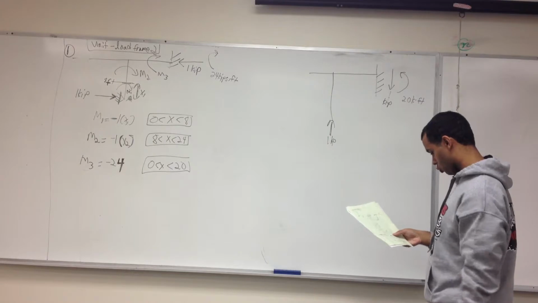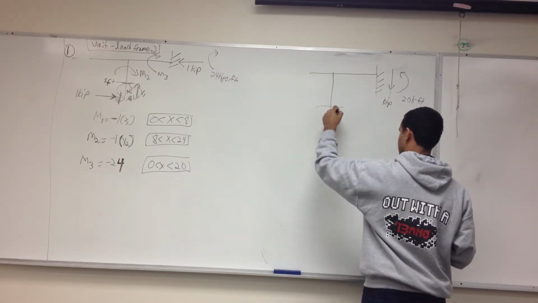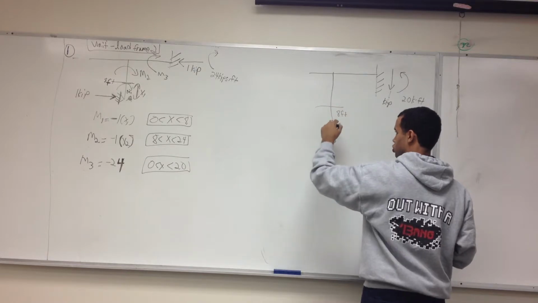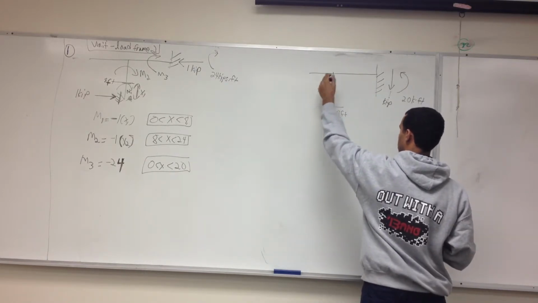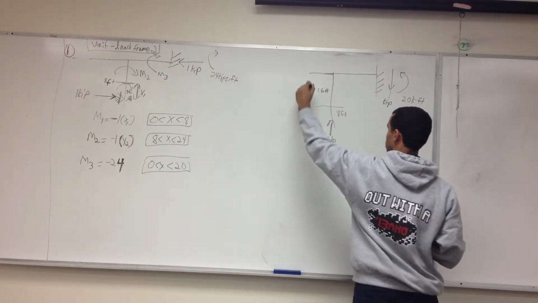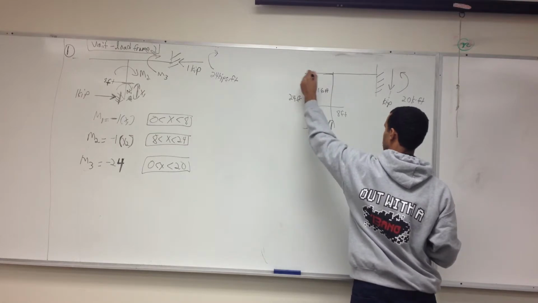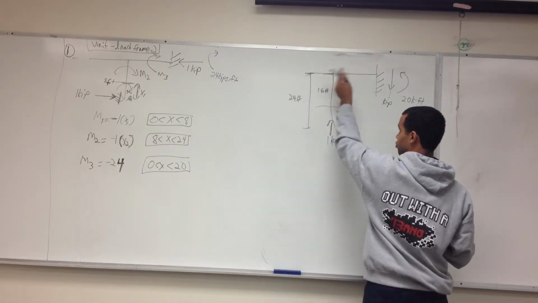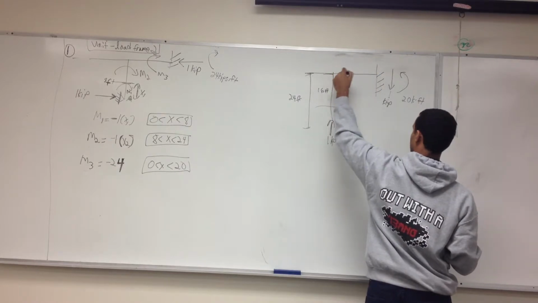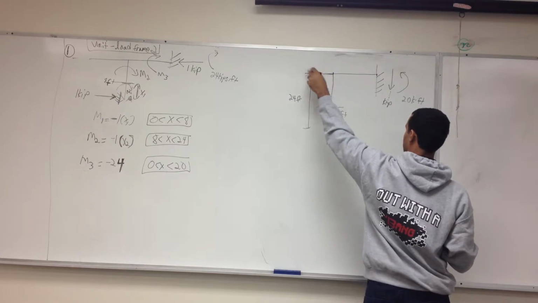Okay, so we make our cuts one more time. At 0 to 8 foot, at 8 to 24, and at M3, which is from 0 to 20. And then we're going to do overhang.